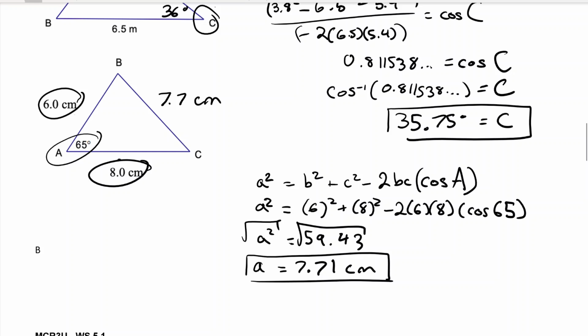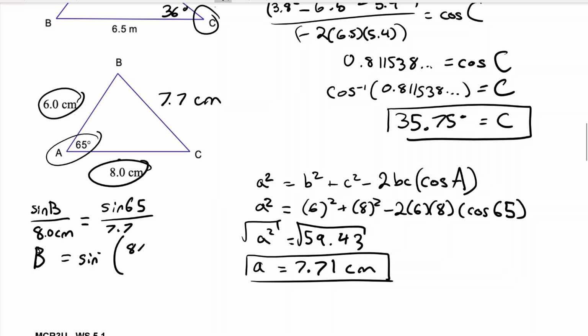So I've got the sine of B divided by 8 centimeters is equal to the sine of 65 divided by 7.7 centimeters. So B over here, that's going to equal the inverse sine of 8 times sine of 65 divided by 7.7.